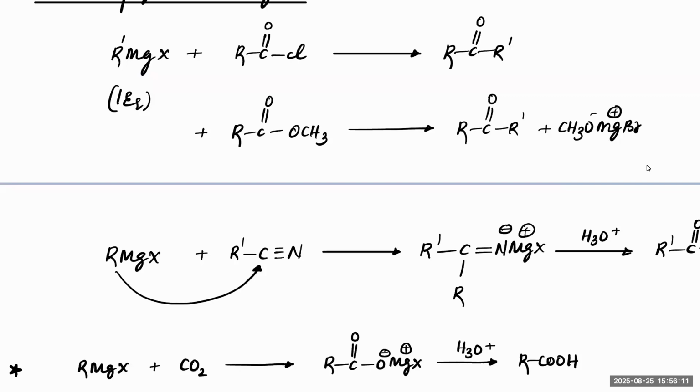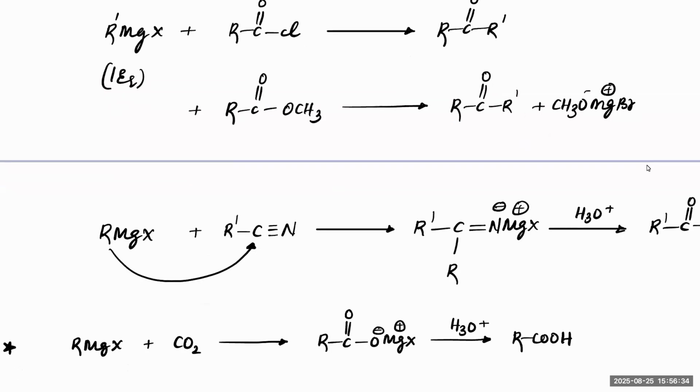If I take one equivalent of RMgX, this R minus will attack, this Cl minus will go. Got it? That's how you will get a keto form. Same logic applies to ester also. This will attack, OCH3 minus will go. This is the first mole. Well, if you have a second mole also, it will again react with this ketone and convert into alcohol.